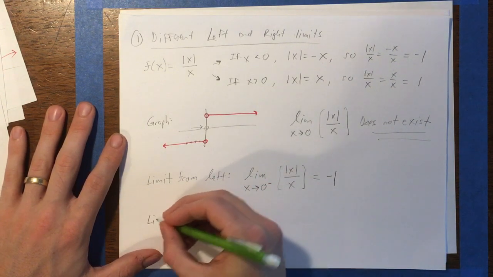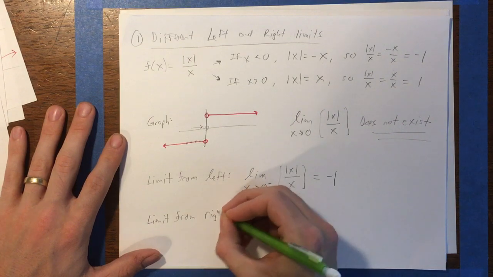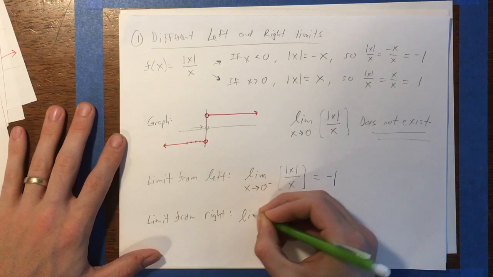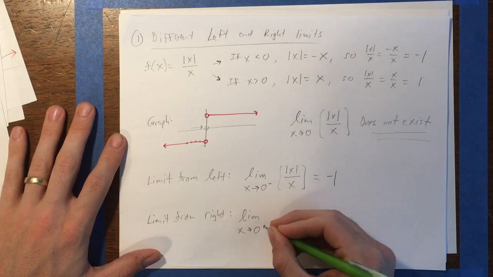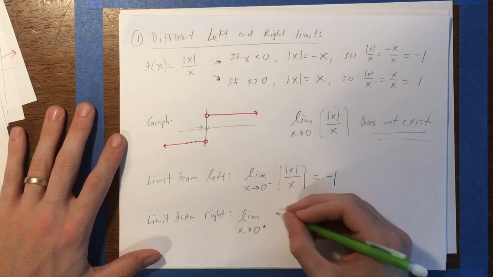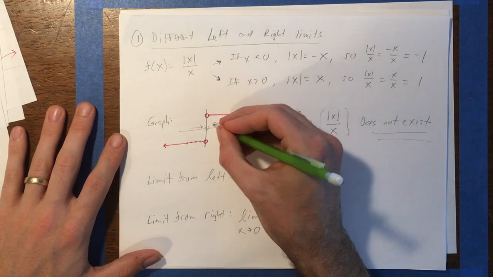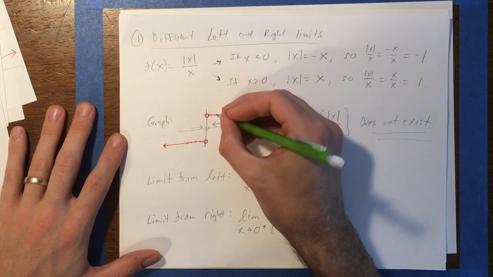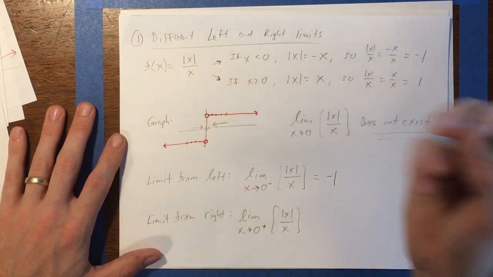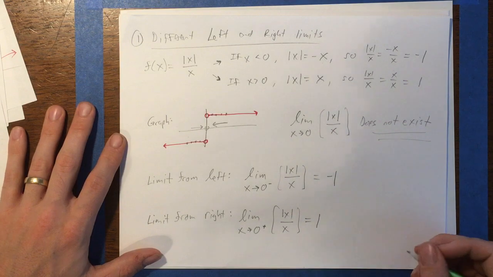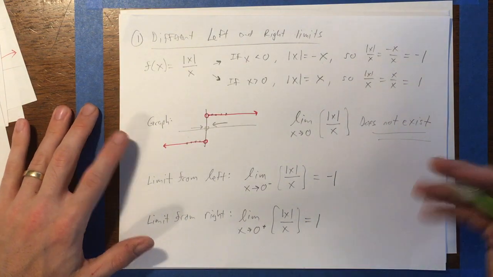The limit from the right is denoted with, instead of a little superscript minus, a little superscript plus after the number. For this function, on the right-hand side, as we come in, the points are up here with y-coordinate positive 1, so the y-coordinate is approaching positive 1. It's constant, so it's approaching itself, basically.